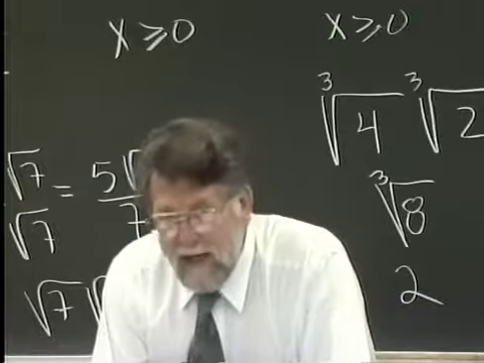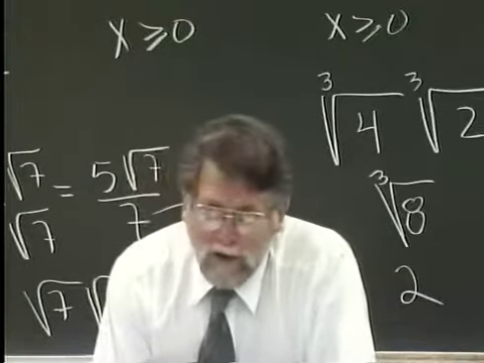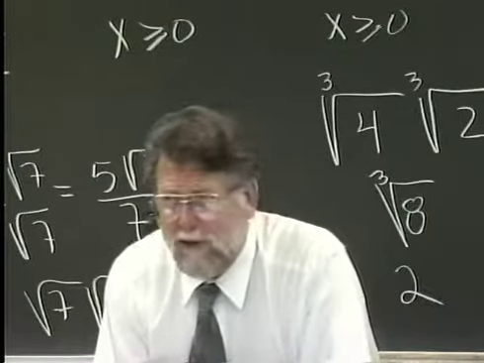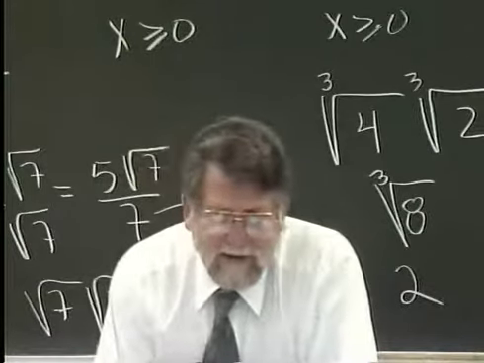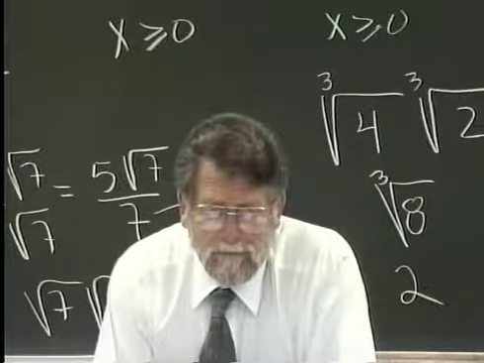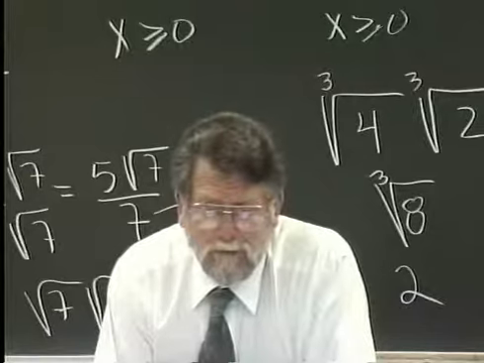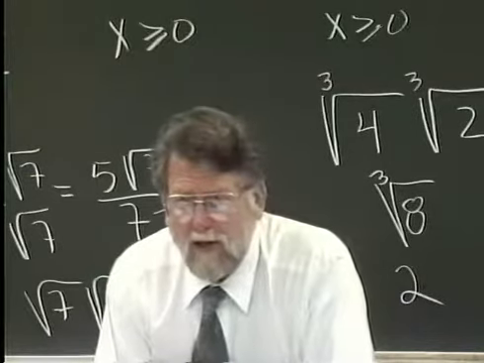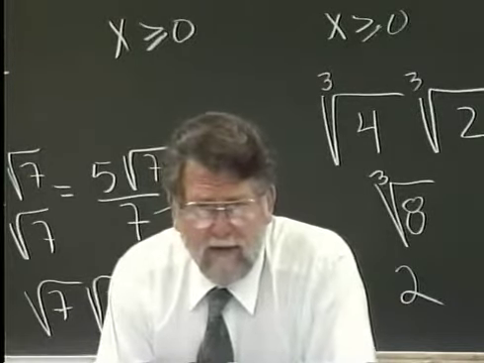So the square root of r to the 8th is r to the 4th because r to the 4th times r to the 4th is r to the 8th. Okay, let's try r to the 8th to the 1/2. R to the 8th to the 1/2, and 1/2 times 8 is 4. That, again, may make it easier for you to see.